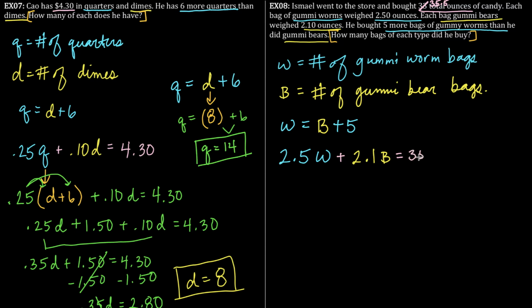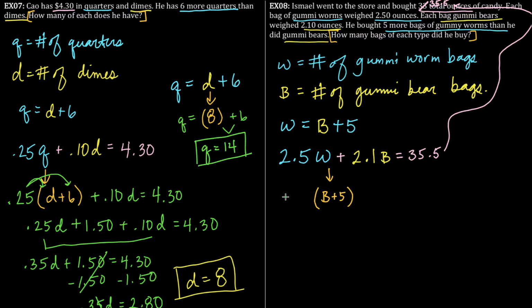So we will take this W right here and put B plus 5.